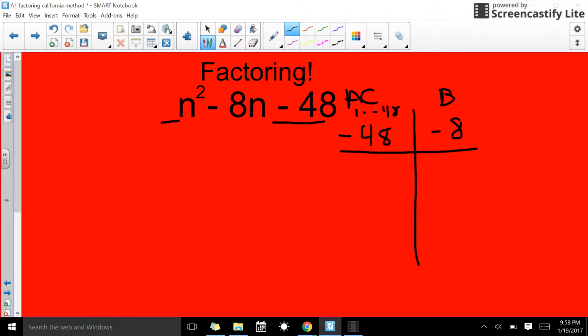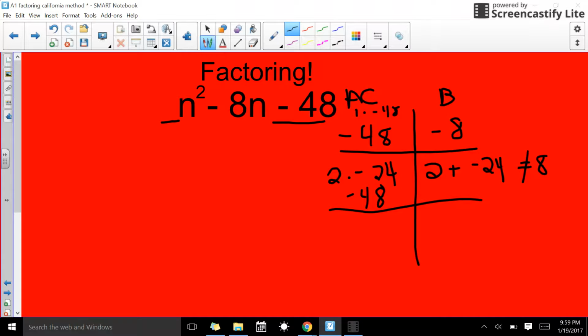What I normally do is I normally start with 2. So let's try that. We could do 2 times -24, right? And we get -48, so that's good. But then when we do 2 plus -24, we do not get -8, all right? So let's go on to the next one.